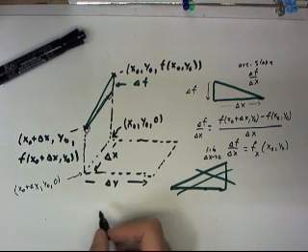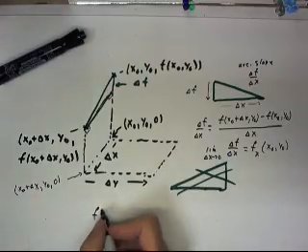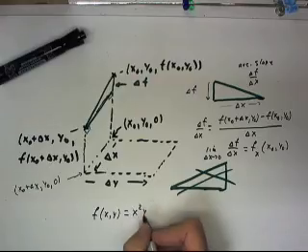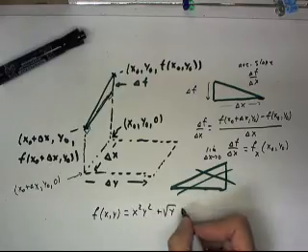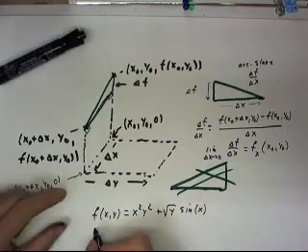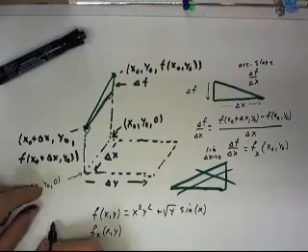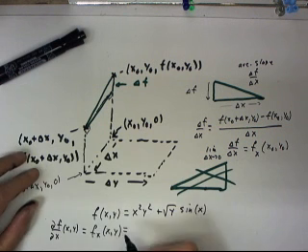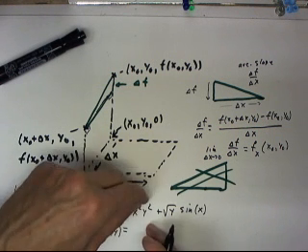So if our function is, again, f of x, y equals x squared y squared plus the square root of y sine of x, then fx of x, y, which we could also write as the partial derivative of f with respect to x at x, y, is going to be calculated by treating y as a constant.